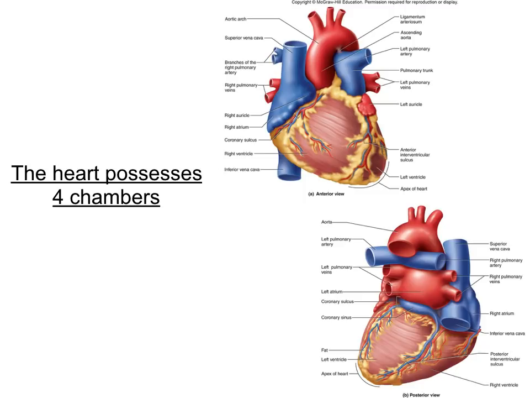Your heart can be broken down into 4 chambers. These 4 chambers can then be separated into atria and ventricles. The 2 atria are the smallest and most superior of the heart chambers. They sit on the base of the heart. Each atrium is a receiving chamber for blood returning to the heart.